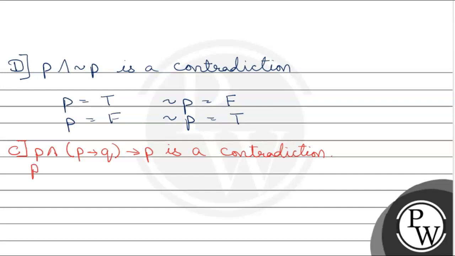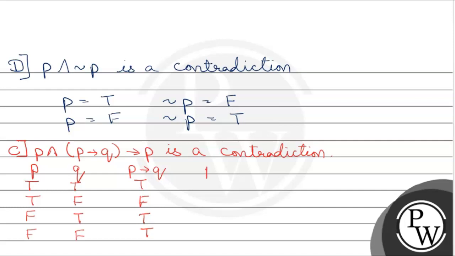For this, let us consider two statements, P and Q. First case is both are true. Second case is P is true but Q is false. Third case is P is false but Q is true. And the last case is both the statements are false. So in this case, P implies Q will be true, false, true, true.